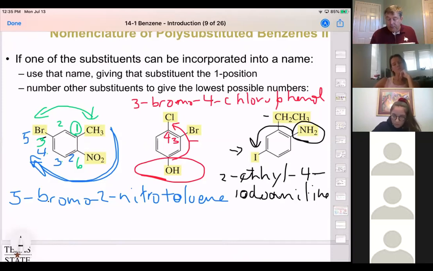Now we have a new rule that we haven't used before: we can think of the benzene ring as not the biggest part of the compound. For example, if you had a long hexyl chain that has 7 carbons, that's actually going to name the chain, and your benzene ring has to be a substituent.